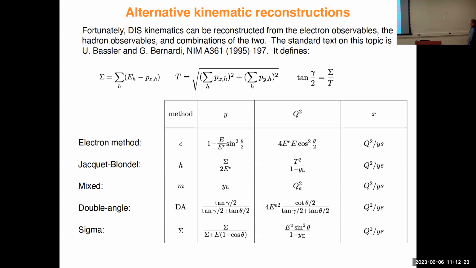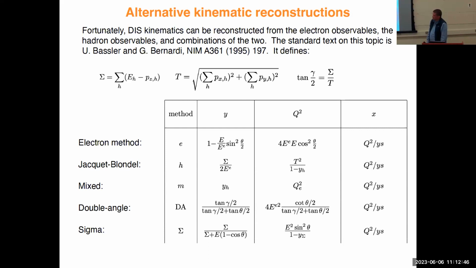First off, you could look at, of course, the electron. We've done that, right? So this is called the electron method. You can calculate what y is in terms of your observables. You could also go entirely from hadronic observables. That is known as the hadron method, or Jacquet-Blondel, after the people who came up with that early on.